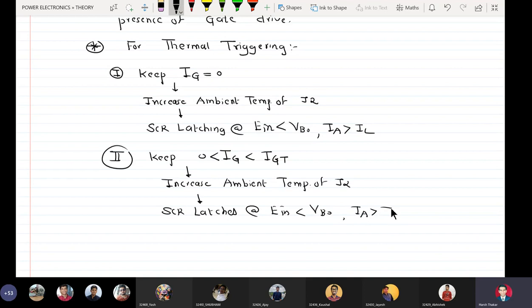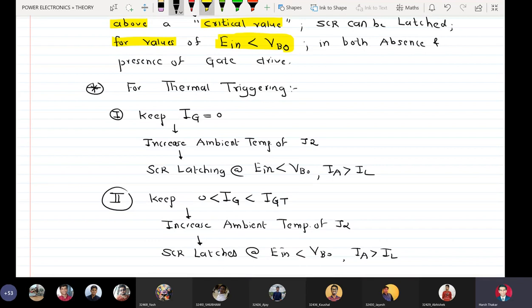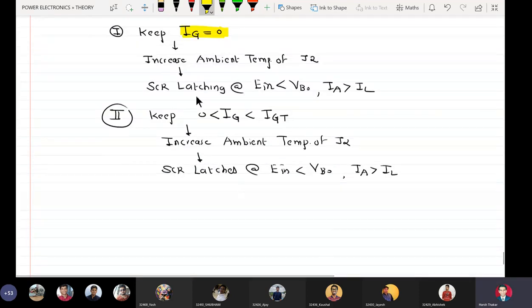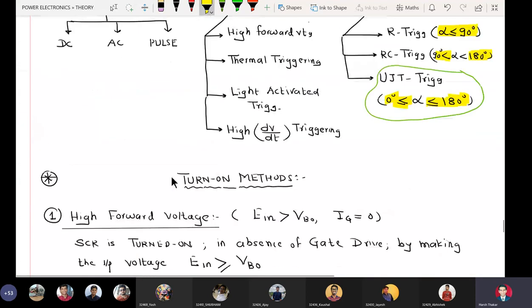This is the sufficient condition for SCR latching, and it's compulsory. So for thermal triggering we have two options. The first option is that gate drive is absent. The second option is that even if the gate current is less than the threshold current, still SCR will latch. This is called thermal triggering. The third method is called light activated triggering.